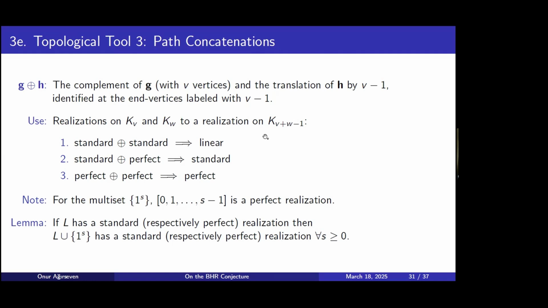Instead, I'll show it to you via pictures because I'm running out of time. But one thing that's important is that the multiset that consists of only ones always has a perfect realization, so you can always increase the number of ones in your set by adding that path of ones at the end, which you will see in a moment.